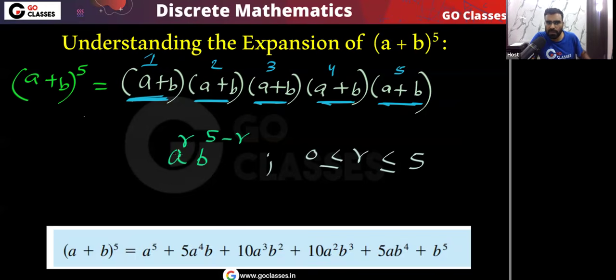So you can see a power r: from these 5, r will give me a, and the remaining will give me b. Now you tell me how many of this type of terms are possible. Very simple.